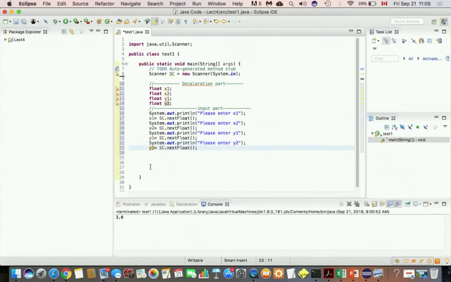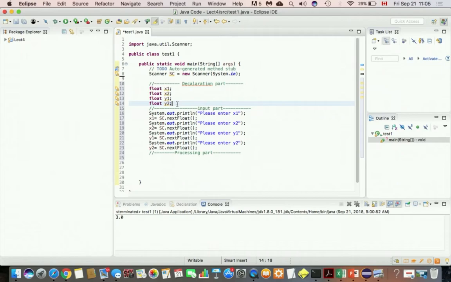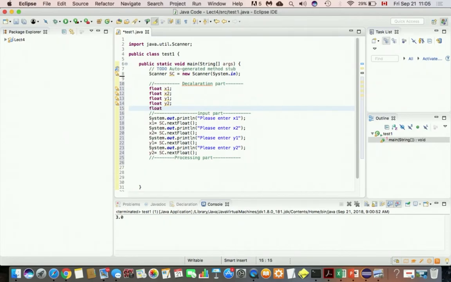So now the input part has ended. I will make a comment here again and say this is the processing part. But there's something I forgot to declare: the output. The output is what? It's a distance. If you find here, the distance equals that. So I should have a variable which is distance. It's float for sure. Distance. And here now I can say distance equals what?